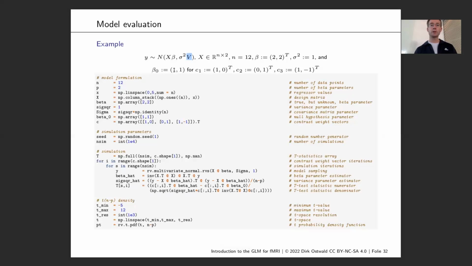Our hypothesis parameter is 1, 1. This is qualitatively the same as 2, 2, but it's not the same value. So it says both of them are the same. If you do the contrast with this, you get 0, and here you also have that. So the null hypothesis that they are the same, that the difference is 0, is true.